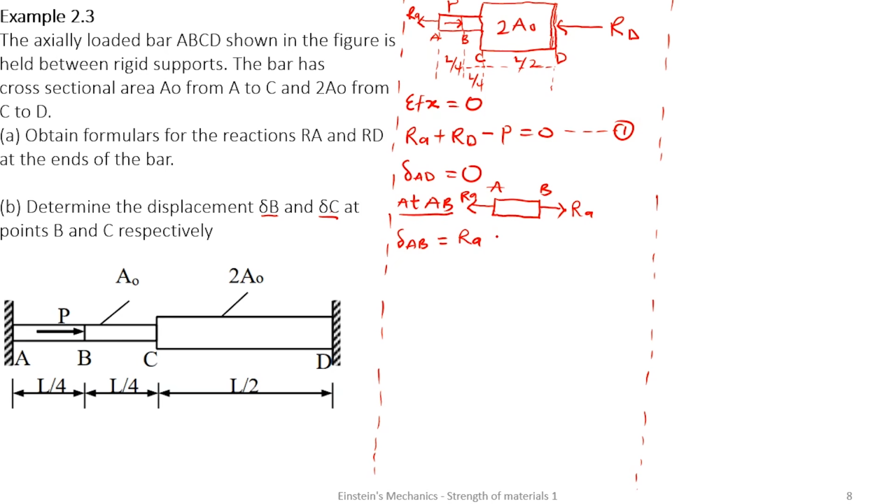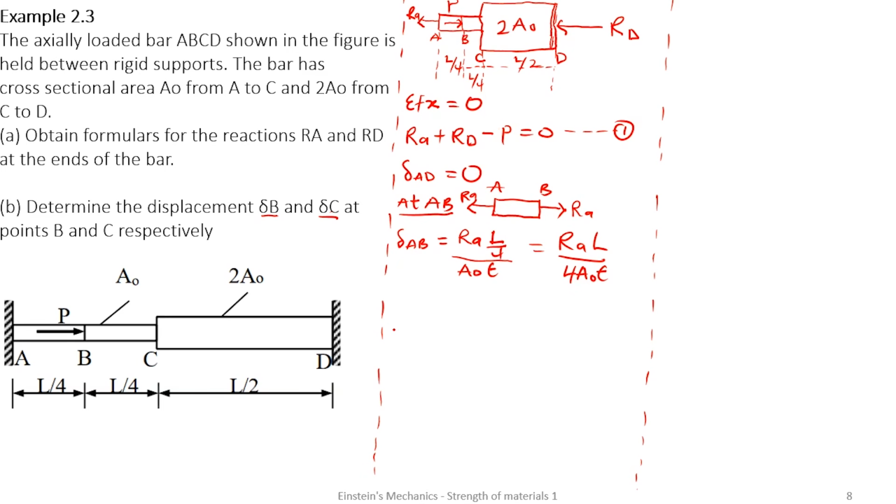Are we good? The length of AB is L on 4, divided by the area A0 and E. So it is going to give us RA L on 4 A0 E. That's the elongation that happens in AB.